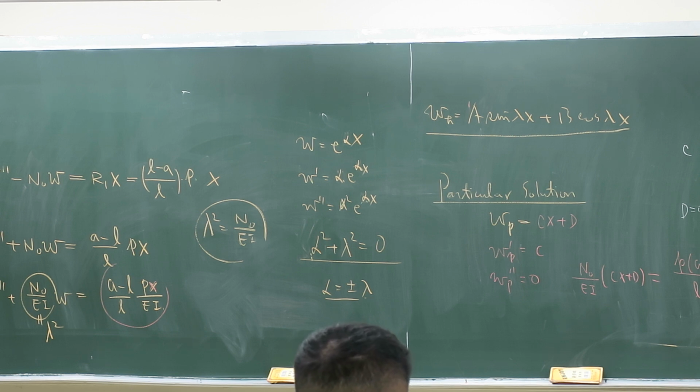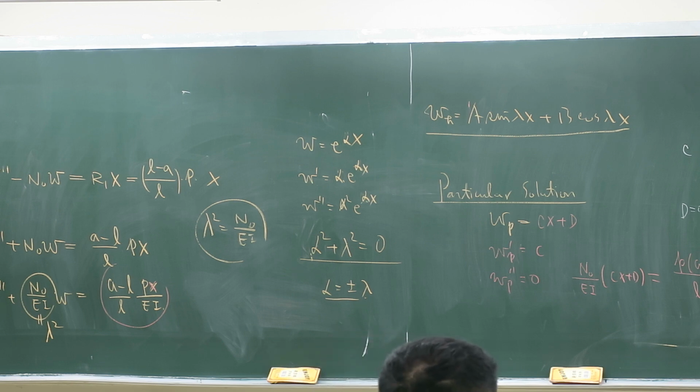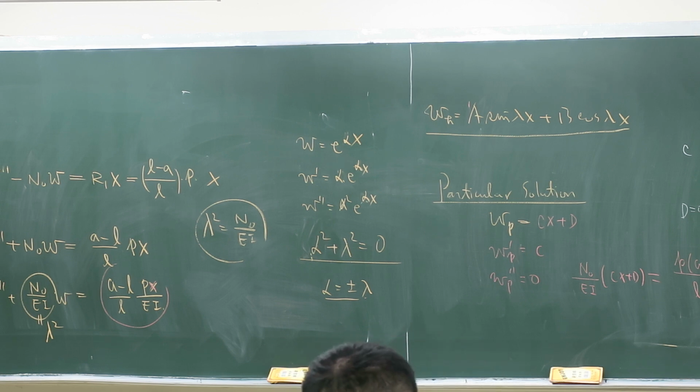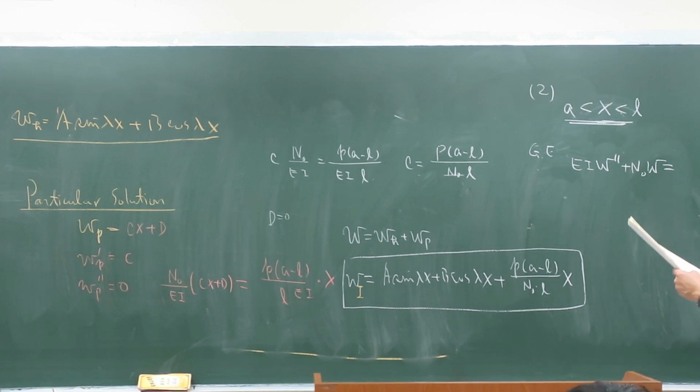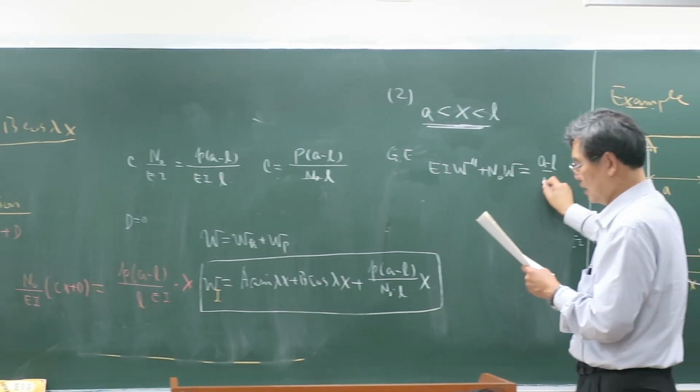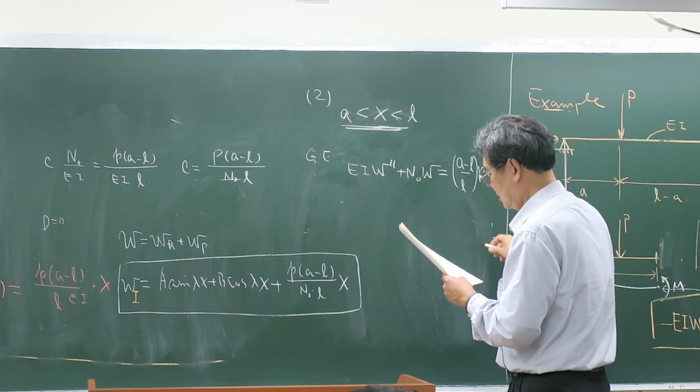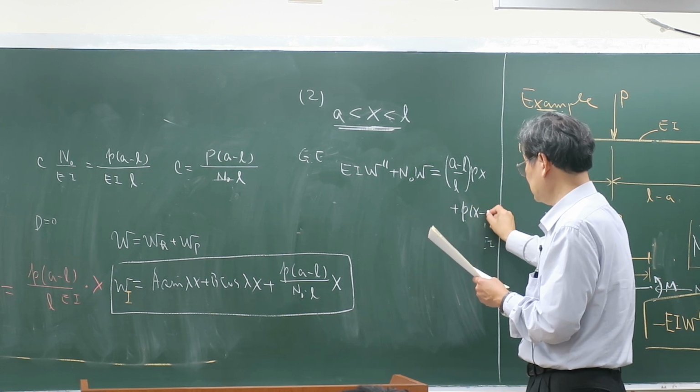Then for the second case, when x is larger than A. So second part, for x larger than A, smaller than L, my governing equation becomes EI W double prime plus N0 W equal to (A minus L) over L P x plus P times (x minus A).